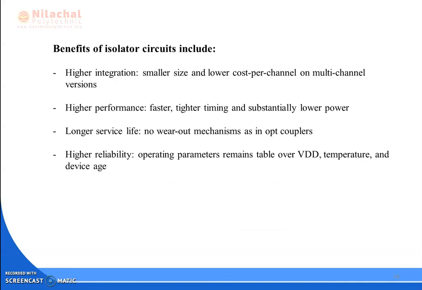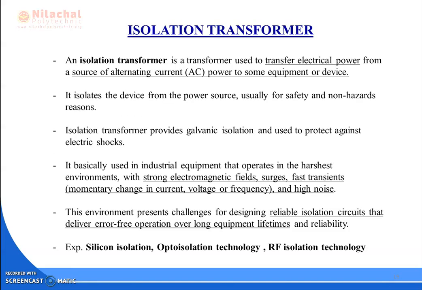So we will next discuss the benefits, or the advantages, of isolation circuits. Basically, as we change or transfer the power to some other devices, as we have seen in the examples of opto-isolation, that means electrical power is changed to light form, or radio frequency form.